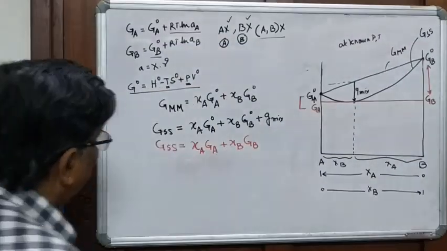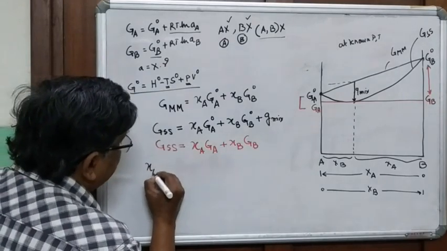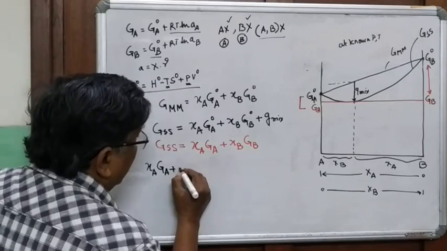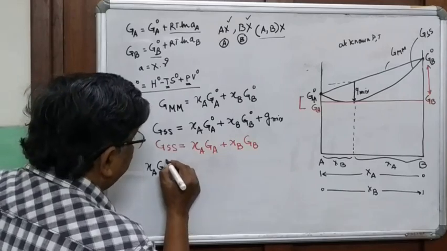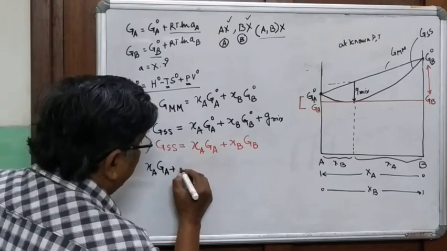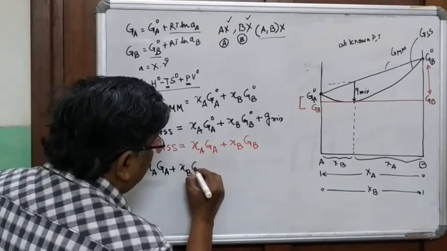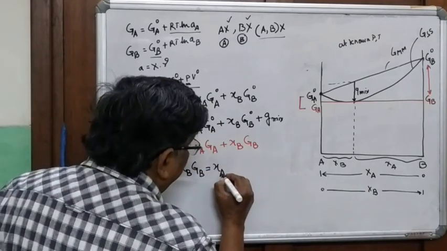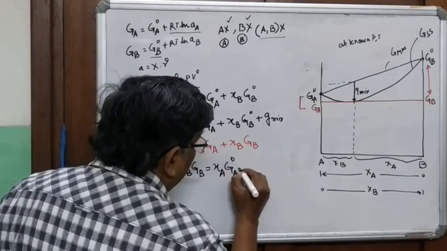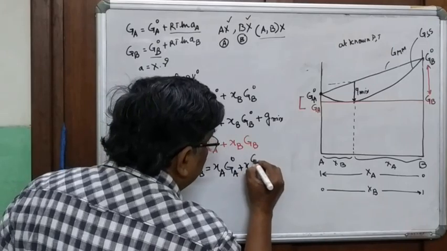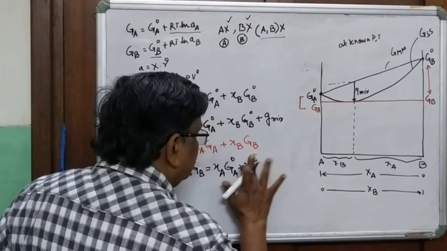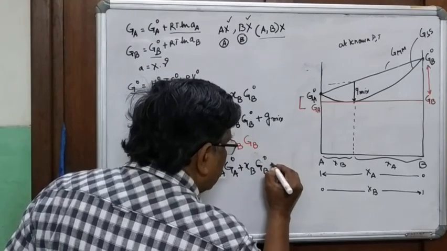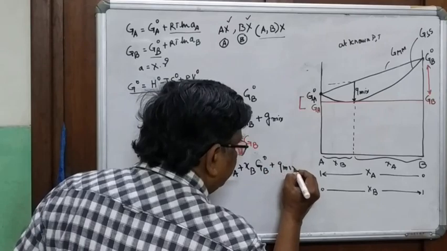Having said this, now we can write XA GA plus XB GB is equal to XA GA0 plus XB GB0 plus G mix.